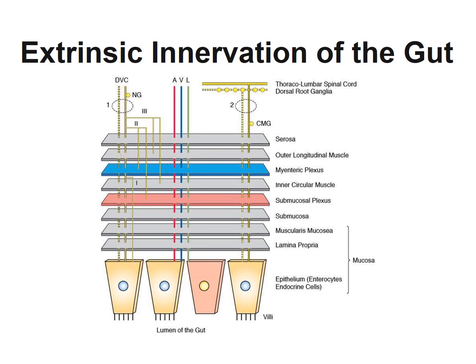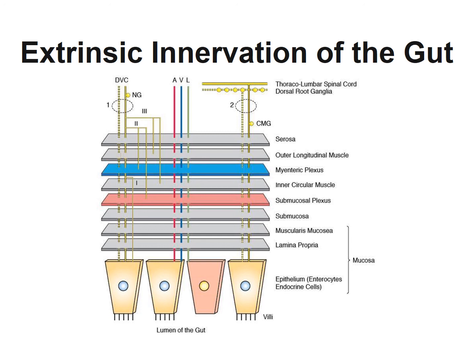These nerves are the vagus nerve and the second nerve is the splanchnic nerve. The vagus nerve is labeled 1 in this diagram, and the splanchnic nerve is labeled 2. One and 2 form the extrinsic innervation of the gastrointestinal tract.